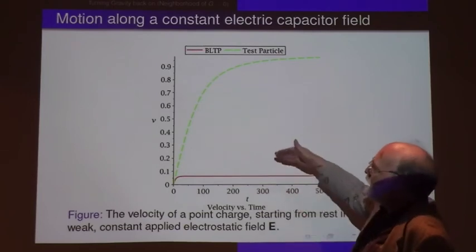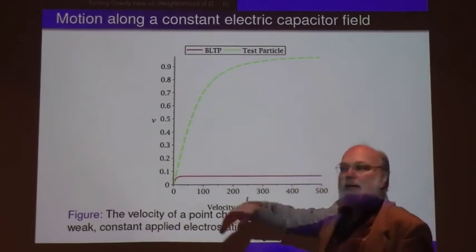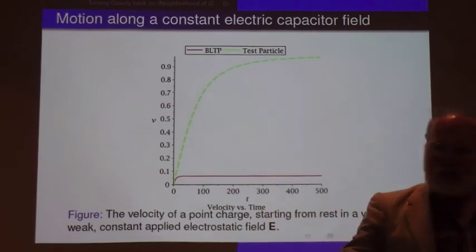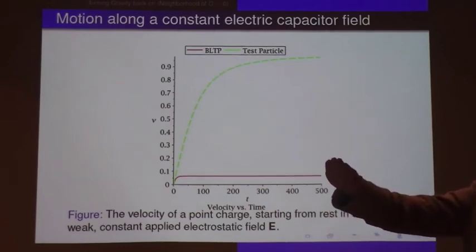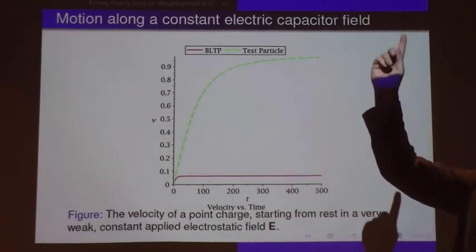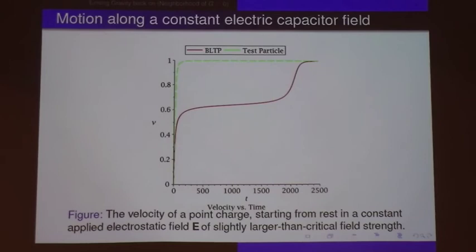But if you make the electric field strength stronger and stronger, the terminal velocity keeps moving up, and it's no longer linear friction, it becomes nonlinear, but then there's a cutoff at some point. And if you push over that cutoff, then you go to the speed of light. And the last picture that I had shown here is when you are just a little bit above that critical field strength, right?